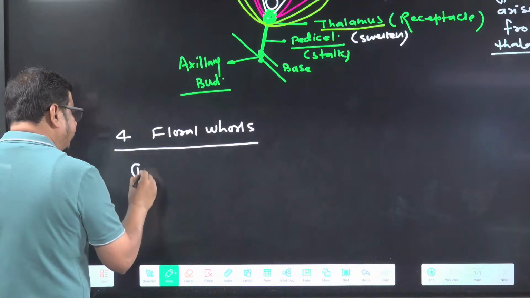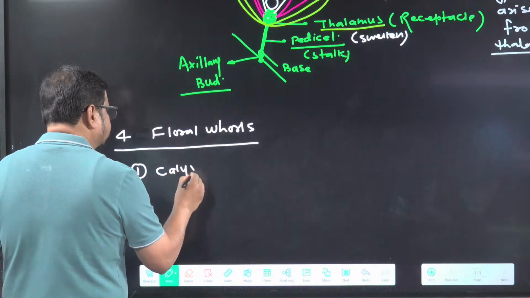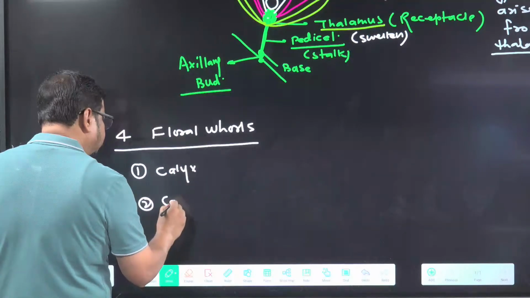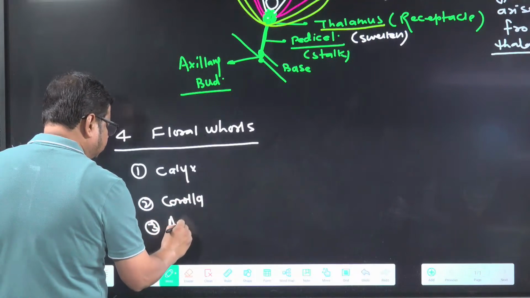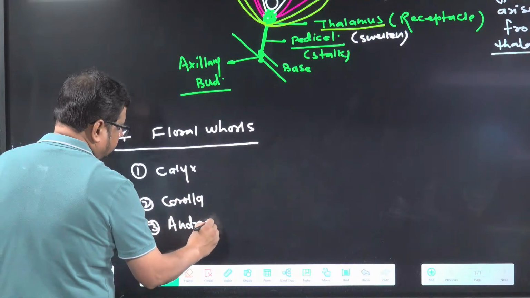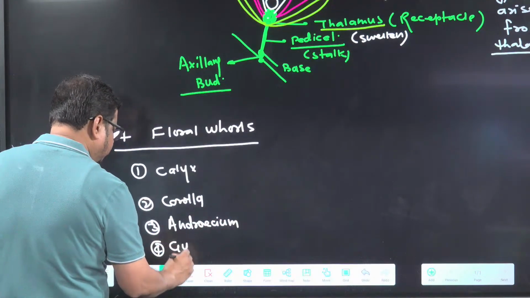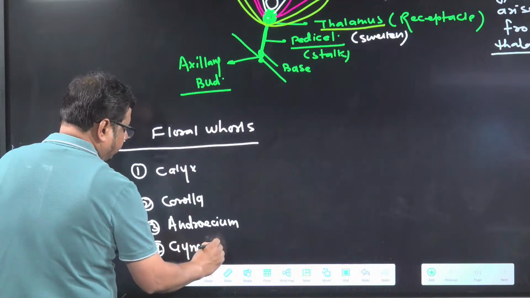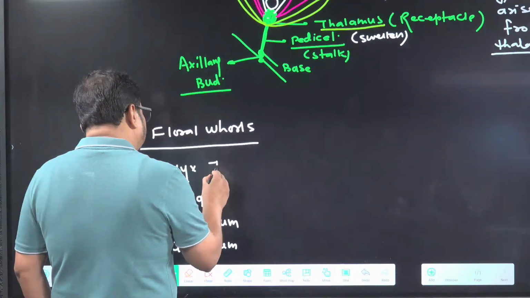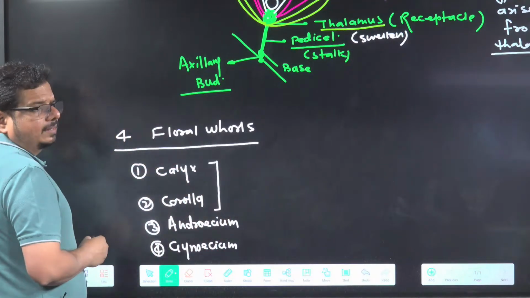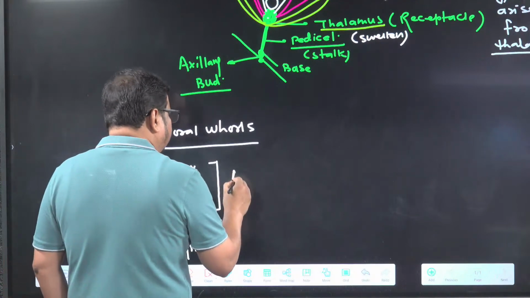So first, I already told you, calyx. Second, corolla. Third, androecium. And the 4th is gynoecium. So calyx and corolla, these 2 whorls together are called accessory whorls.